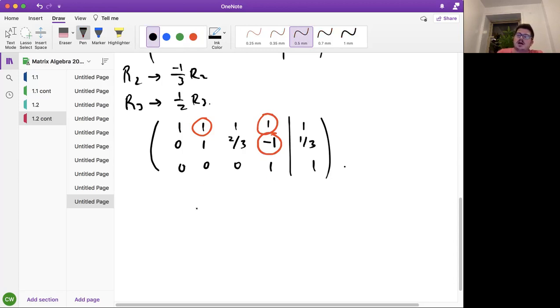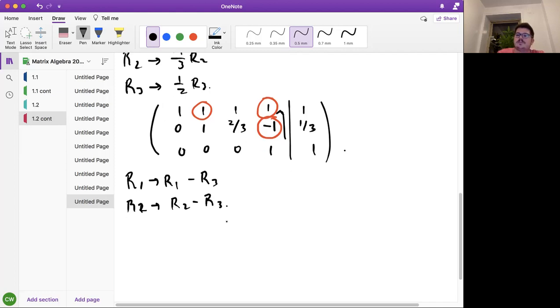Okay, so I won't finish it today since we're out of time, but your first step in your algorithm would be: first you eliminate, so you're using the last row to eliminate upward because you're kind of reversing the step of the Gaussian elimination. So row 1 to row 1 minus row 3, and row 2 to row 2 minus row 3.